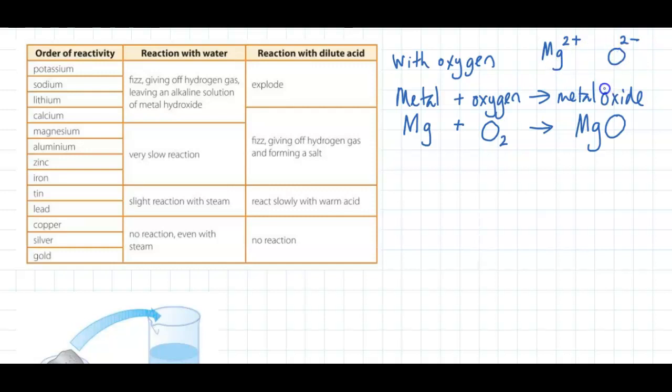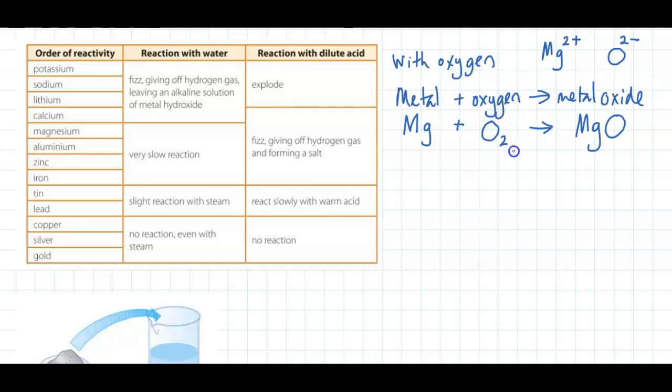And when we write the formula down, we need to make sure that the total charge is going to cancel out and equal 0. 1 magnesium joins to 1 oxygen, because 1 lot of 2+ cancels out 1 lot of 2-. So this is the simplest ratio of magnesium joining to oxygen.